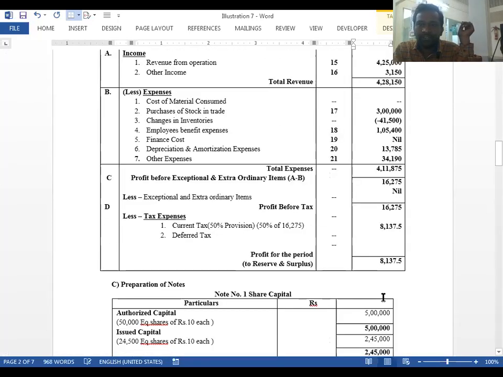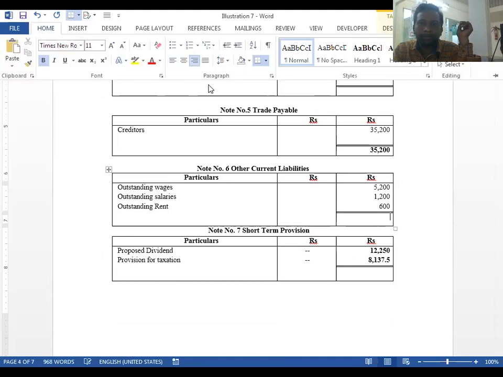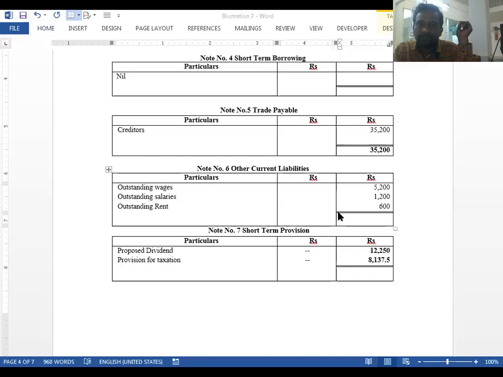Then other current liabilities, 5,200 plus 1,200 plus 600, okay, 7,000.